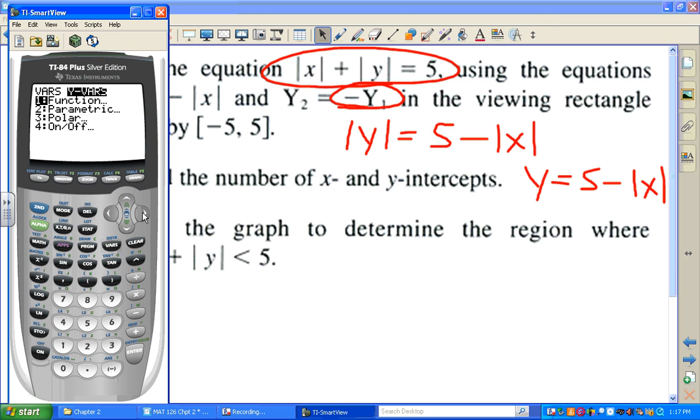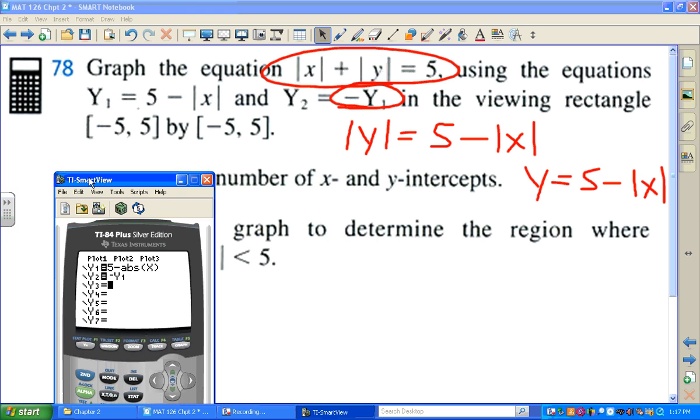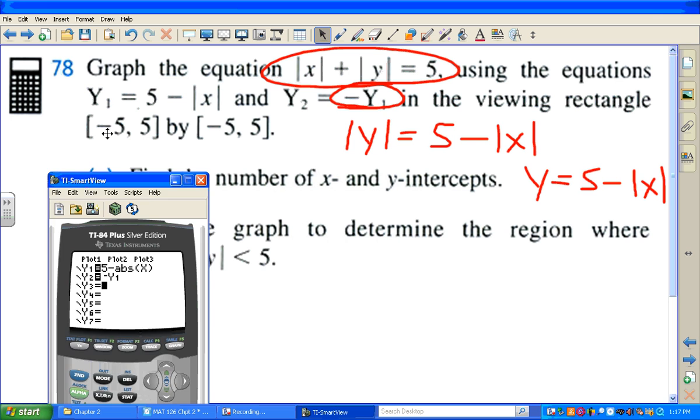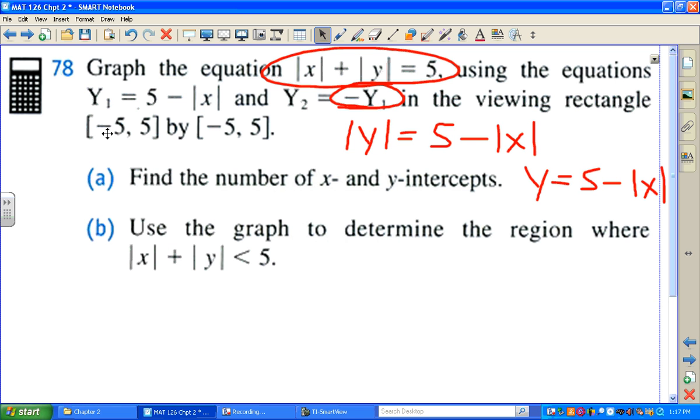Go to yvars, function, and then y1. There. And it says the viewing rectangle of negative 5 to 5 by negative. What does that mean? Do you remember? Oh, I mean, y max. Yeah, x minimum, x max, y minimum, y max. And you find those under the window of your calculator.